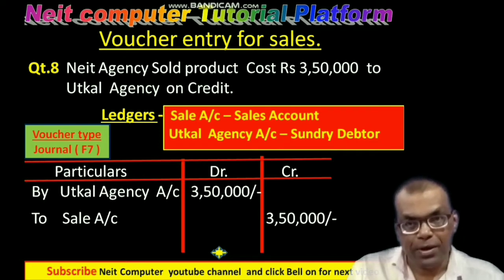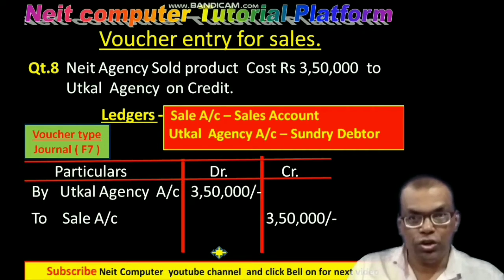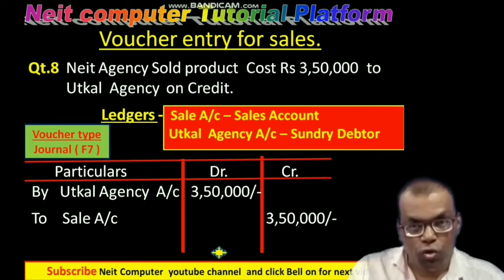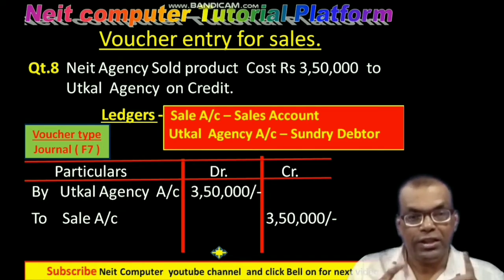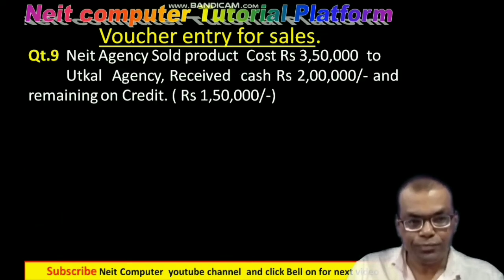I told you in my previous video, if during the transaction no cash or bank is used, then there is no question of a payment voucher, a receipt voucher or a contra voucher. We must use F7, the journal voucher, which is called the adjustment voucher.